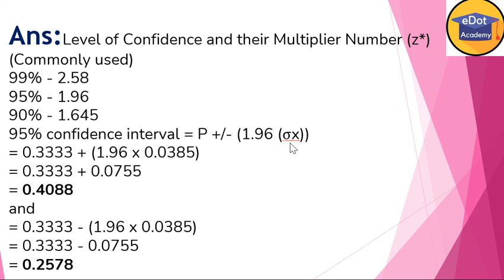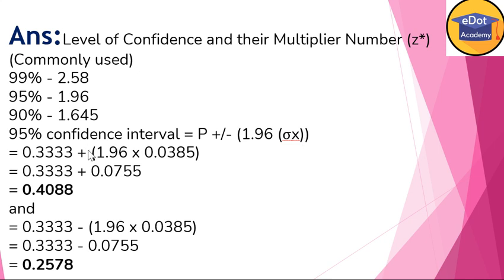It was 0.0385. So P is nothing but 0.333 plus 1.96, because it is 95% confidence level, multiplied by sigma x.